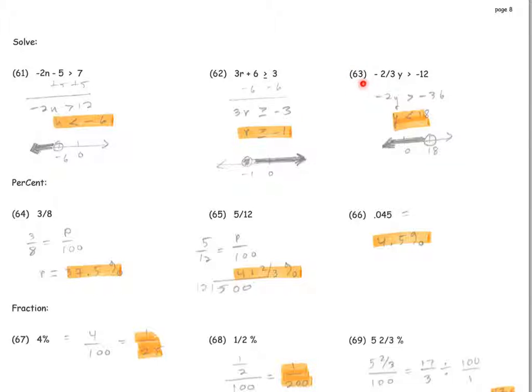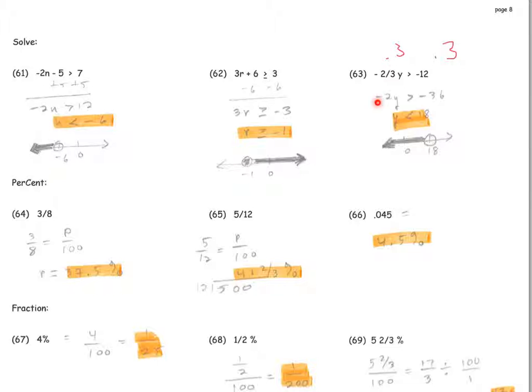Number 63 uses the fact that we have a fraction in an equation. So the first thing I did was I did times 3 over here and times 3 over here. And because 3 was positive, the inequality didn't change. So I still have my negative 2. I still have my y. My 3's canceled out. I still have my greater than. Negative 12 times 3 is negative 36.